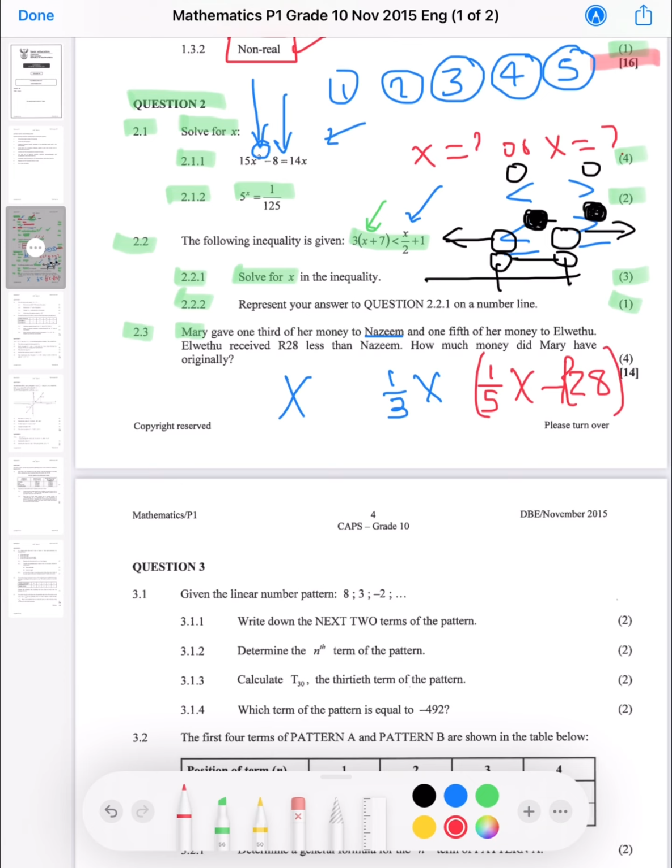And the question says, how much money did Mary have originally? And you can see this question is allocated a lot of marks, guys. This is going to be an interesting question which will help you to get 14 marks. So guys, just make sure not to miss my next lesson.